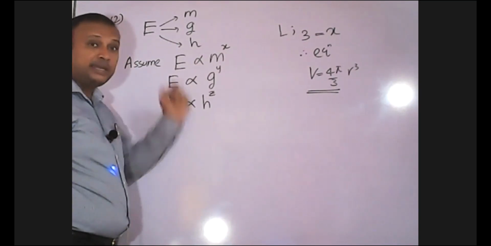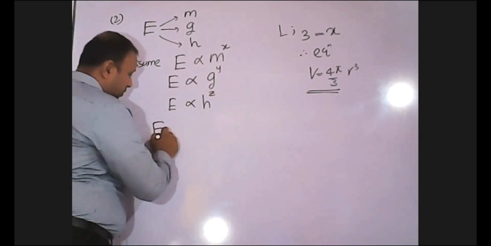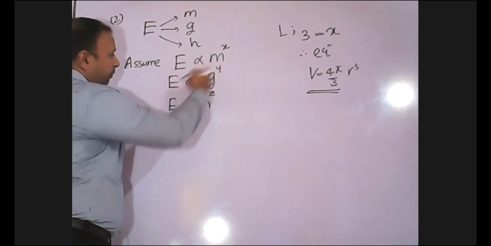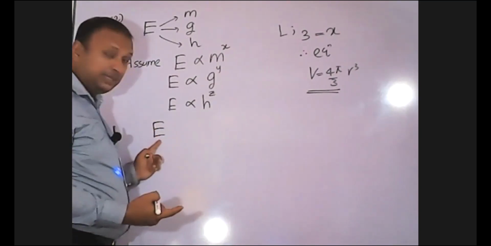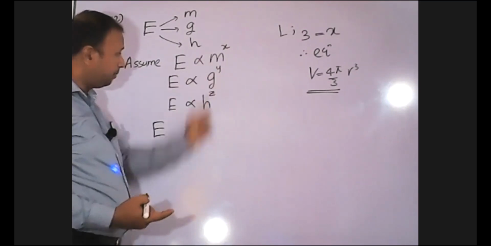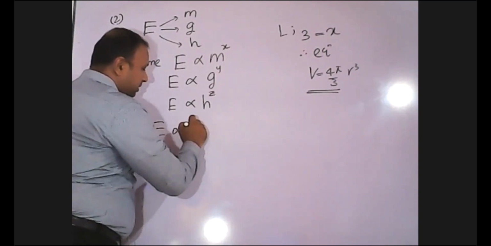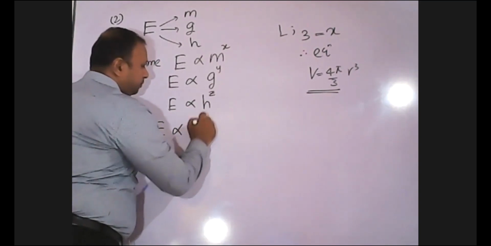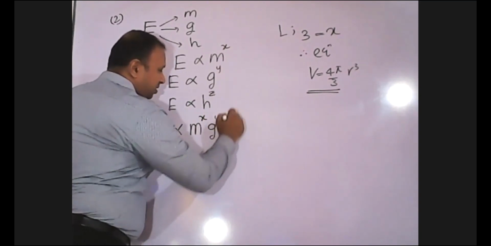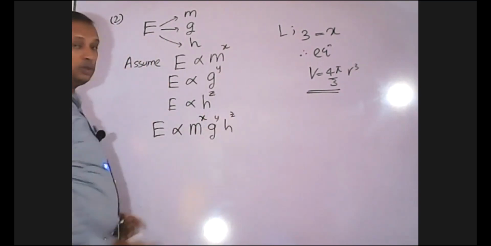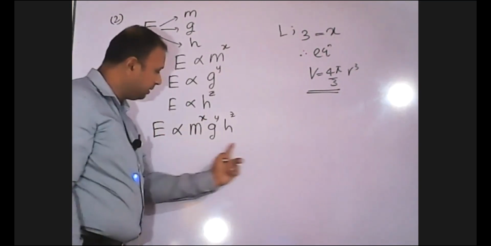After that, I can combine these three. How to combine these three? If any physical quantity is directly proportional to some physical quantities, that quantity is directly proportional to the product of these physical quantities. So I can use that relationship to build a combined relationship. E is directly proportional to this one.